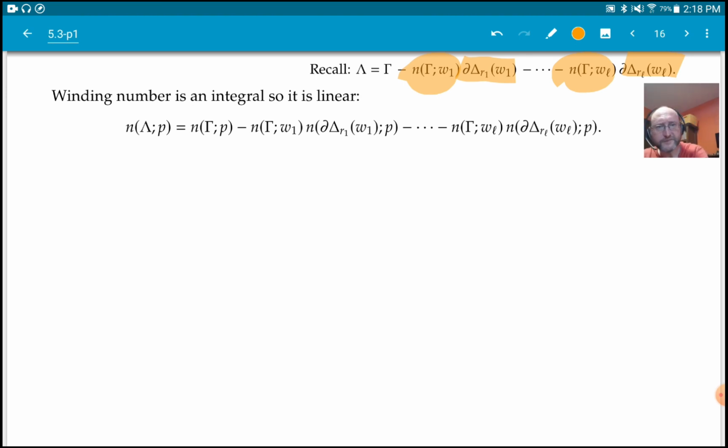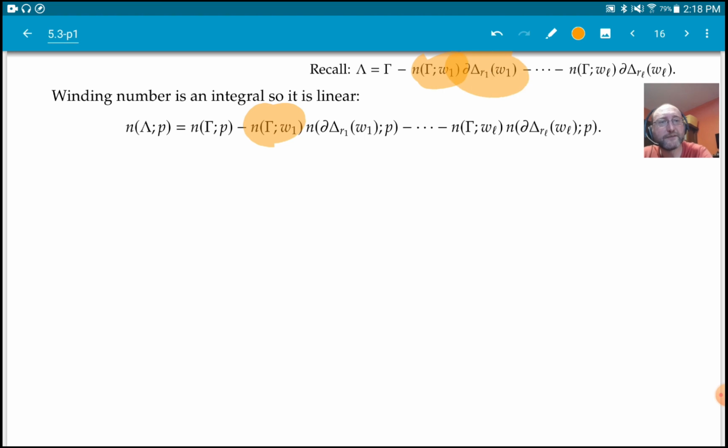So the winding number of lambda around P is the winding number of gamma around P minus, well, this was already there, that's just the number in front of that integral.